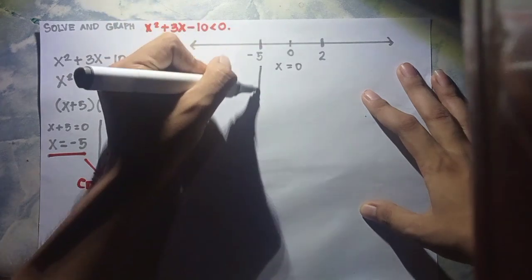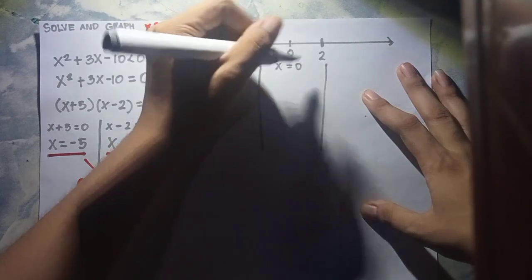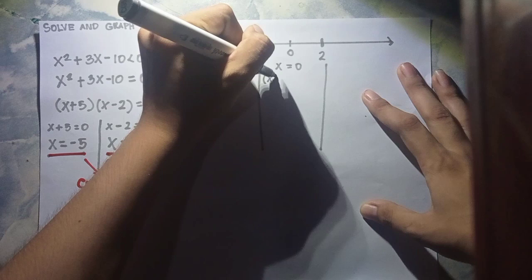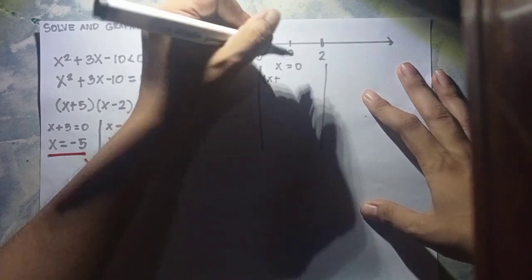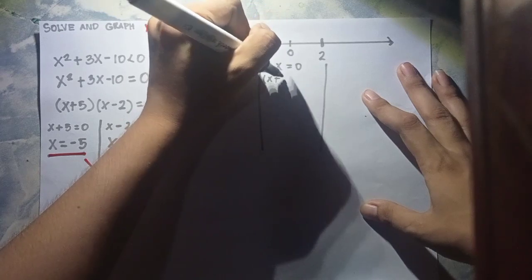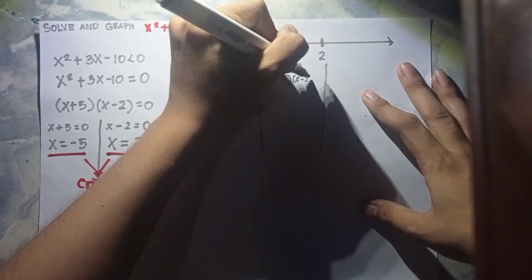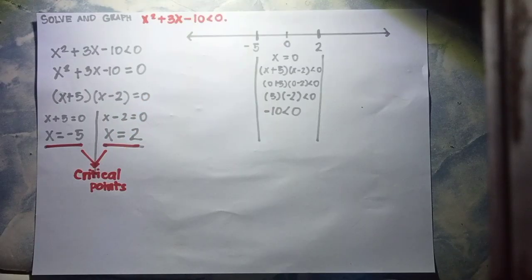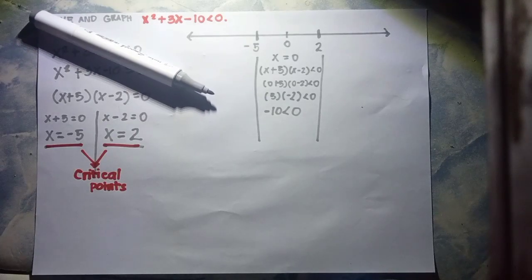And then we are going to put x plus 5 times x minus 2 is less than 0. The x will turn into 0 since it represents the middle, and this will be the result.